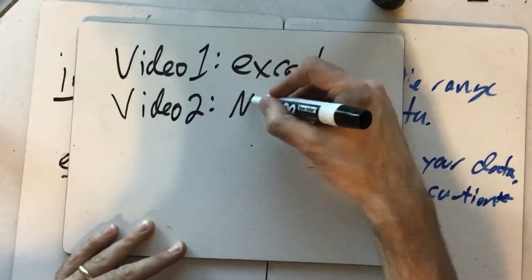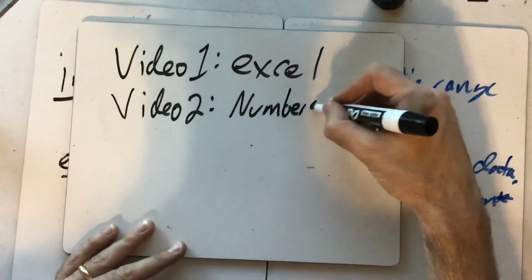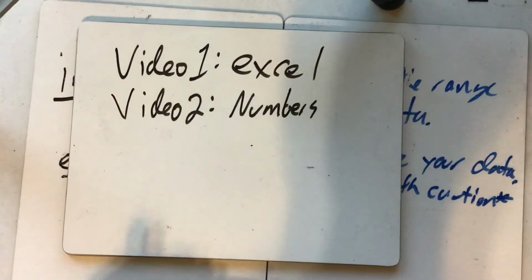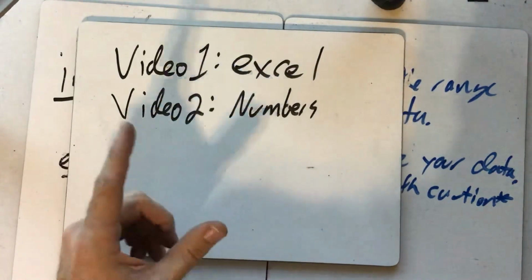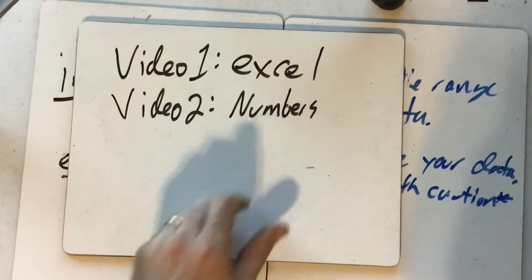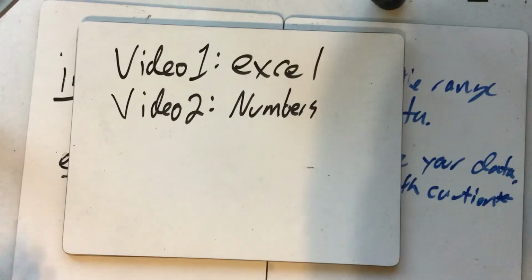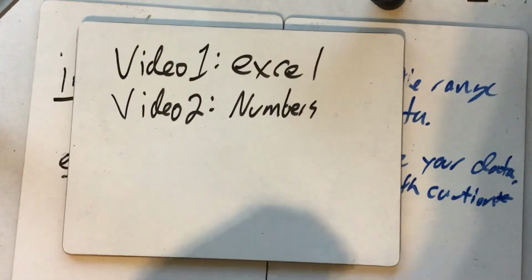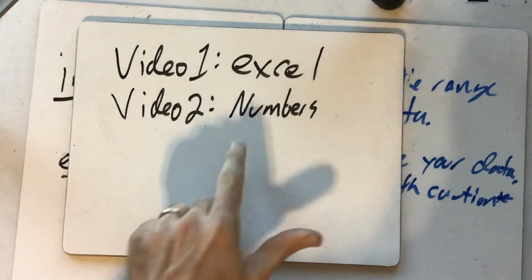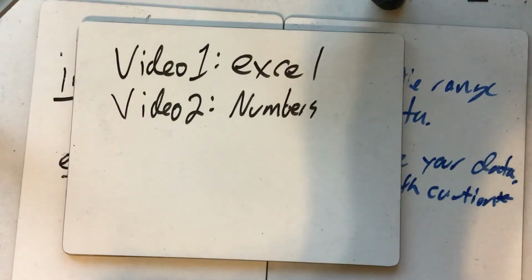Finally, video two is going to be on Numbers, for those of you who might be using some sort of iPad or mobile device to do your calculation. The problem is Excel works perfectly, but if you have Excel on your mobile device, sometimes it doesn't have the same features as Excel on a laptop or a desktop computer does. So if you're using an iPhone or an iPad, you can use Numbers and that'll work just fine.